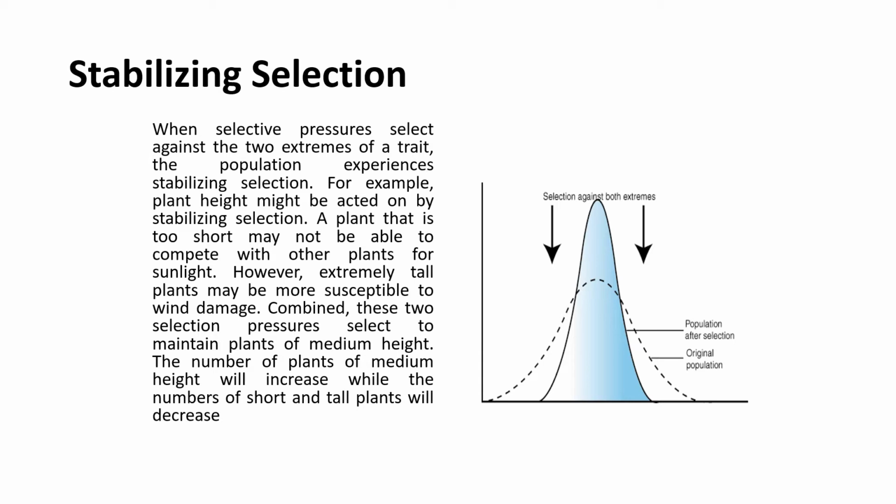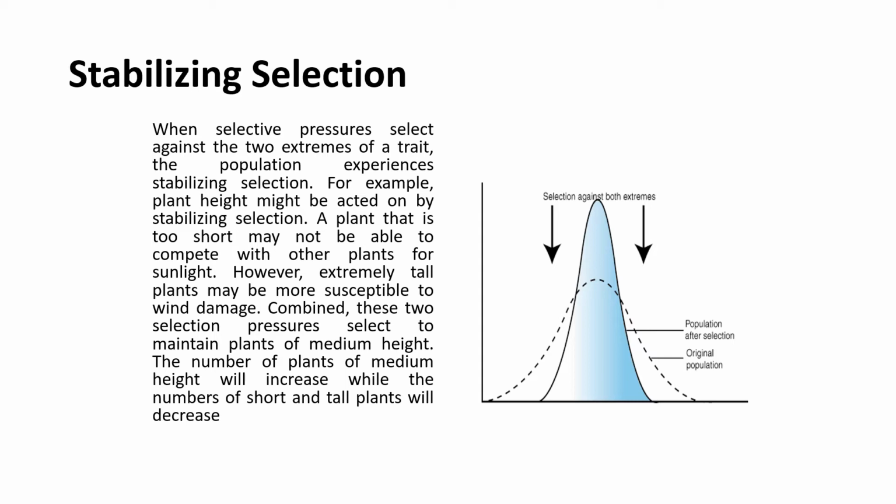For example, suppose we are taking three types of plants. One category is too short, another category of plant is medium sized, and the third category is long sized plants.